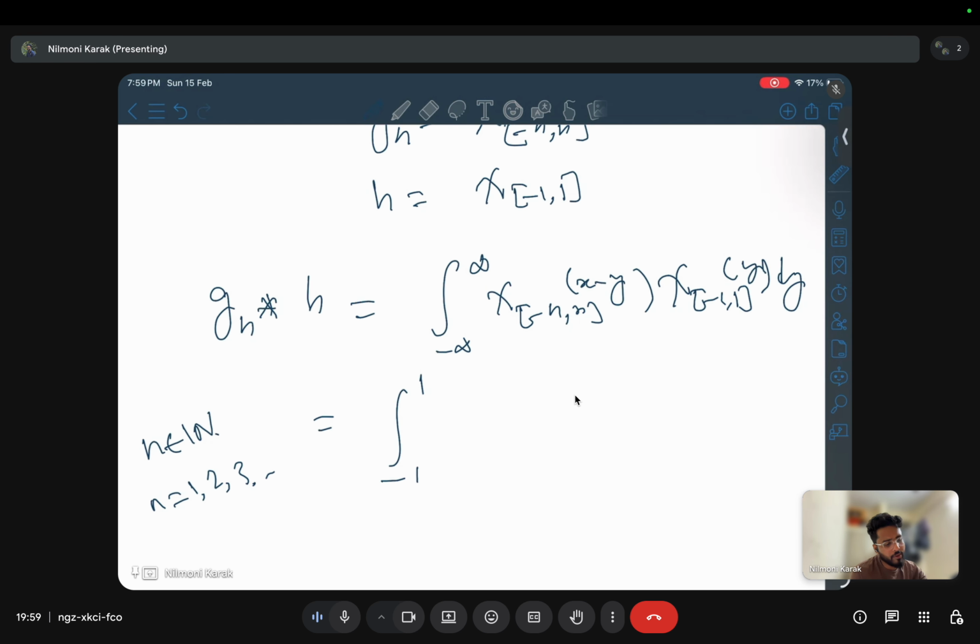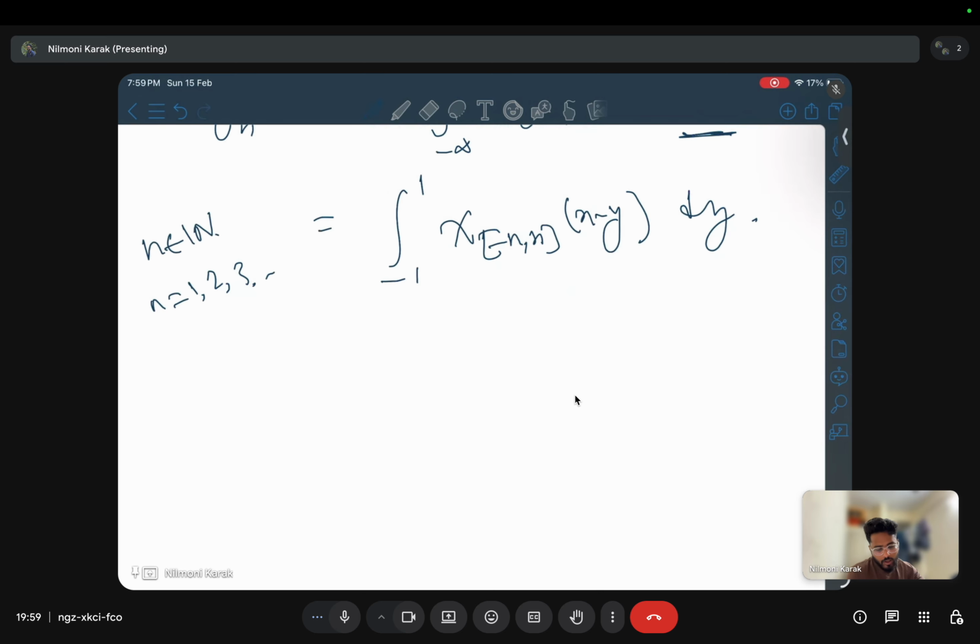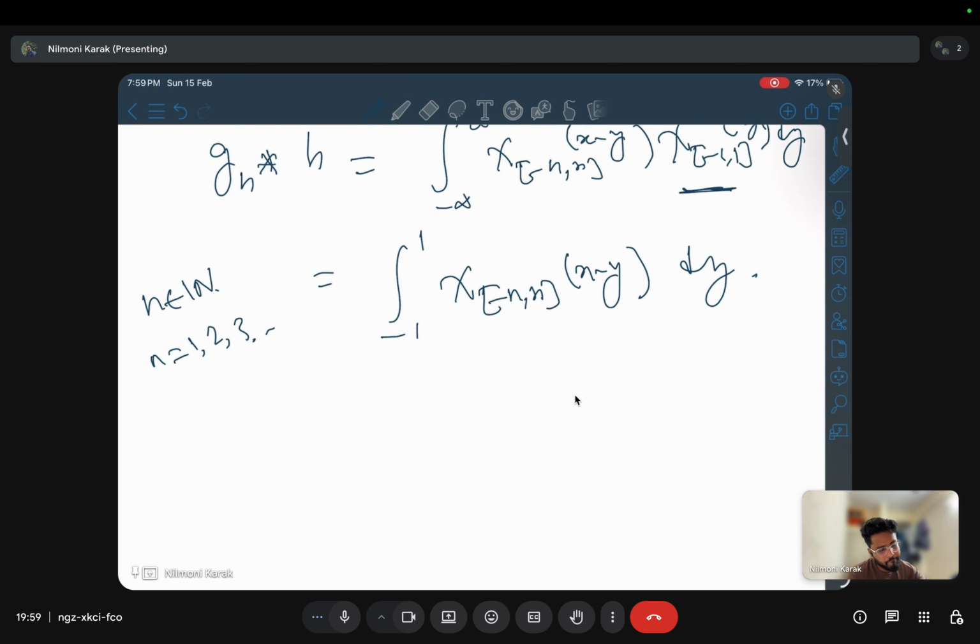Otherwise, outside the interval minus 1 to 1, this takes 0, so that's why the integration should be from minus 1 to 1 of chi minus n of x minus y dy. And now what is the value of this integral?